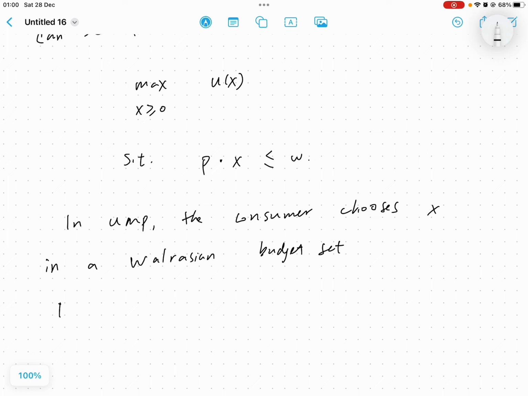So we use this B to denote this budget set, and put some subscripts P and W here.